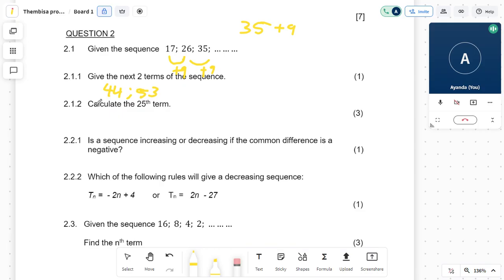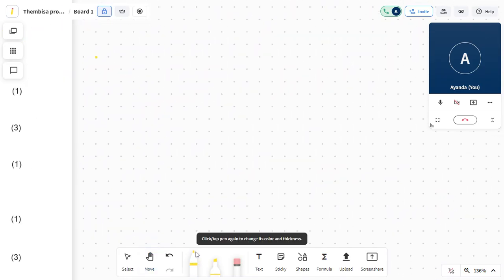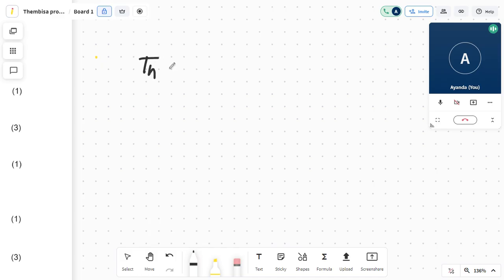We're asked then to calculate the 25th term of the sequence. So we need to use the formula for finding the term of a sequence. Let's use a black pen for this. The formula we know is Tn is equal to a plus (n minus 1) times d.